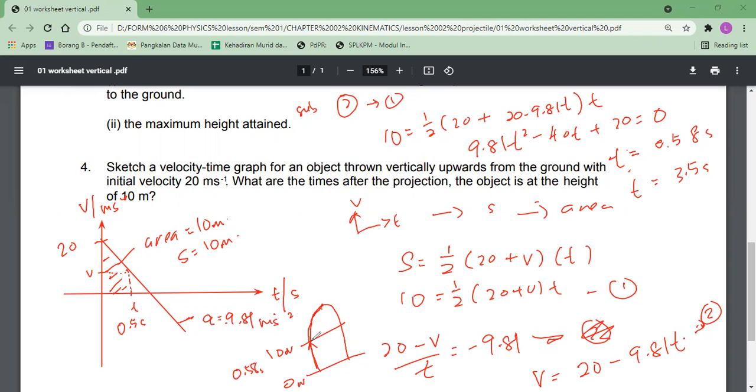When it moves to the maximum height, it will fall down again. The next time will be 3.5 seconds, where it reaches the 10 meter height. So this is the method we use to find it. What are the times after the projection? That means 0.5 and 3.5 seconds.